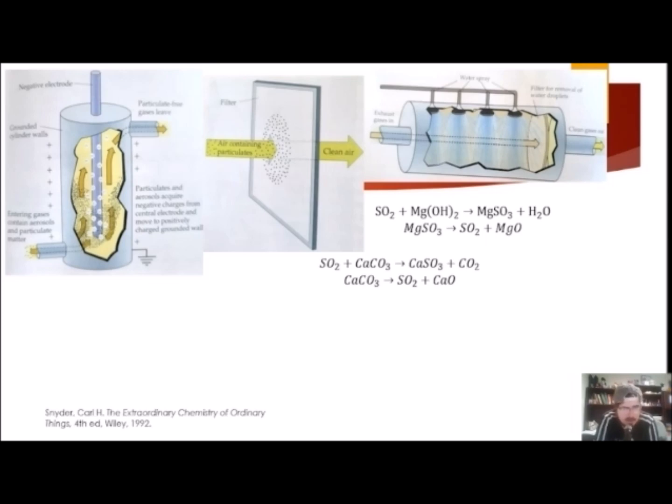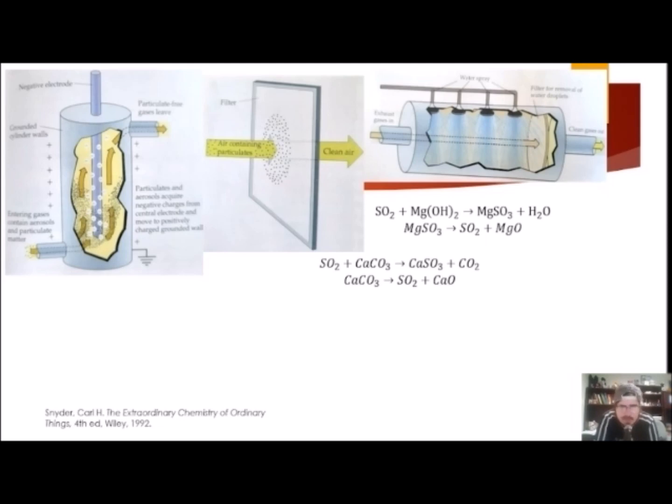The aerosols, which are, as we saw, on micrometer scales, get stuck in the holes and cannot pass through. So the large particles will be stuck behind and the air can pass through safely. That's pretty straightforward. Now, the scrubbers are a little bit more interesting.